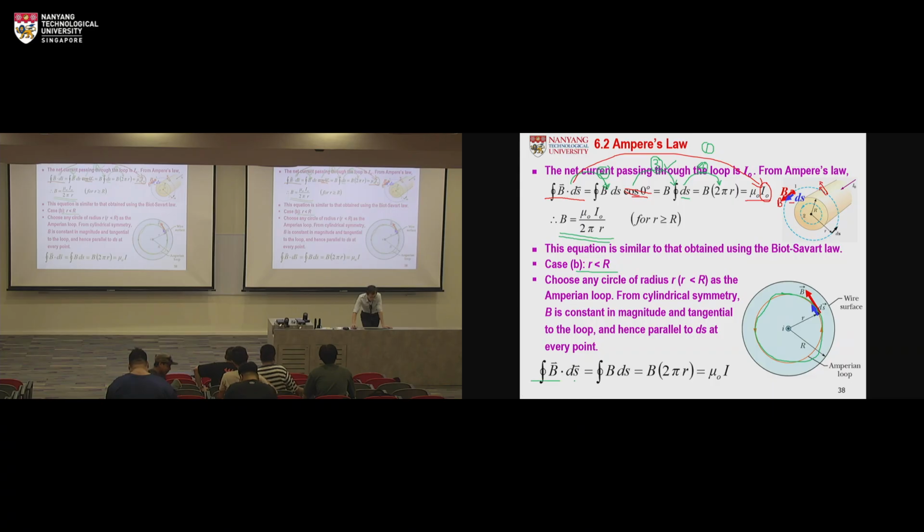Then this one equals this one, right? Step 1. And for the same reason, step 2, step 3, you can see whether this loop is inside the wire or outside the wire, as long as these two are concentric to each other, all these are the same.